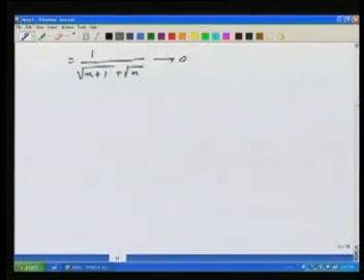What does this show? Well, it shows that this goes to 0 because the denominator converges to infinity, and I am looking at something like 1 by infinity, so that goes to 0.